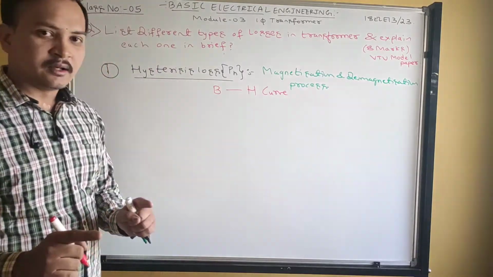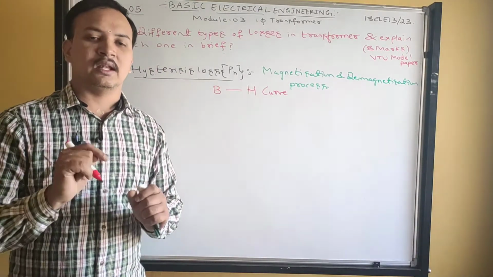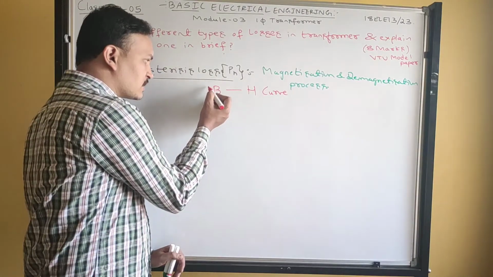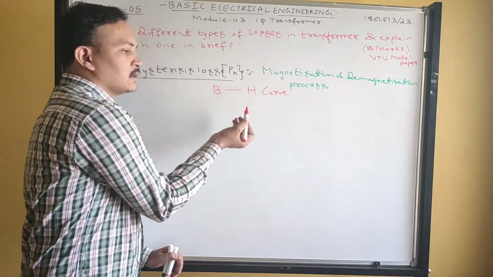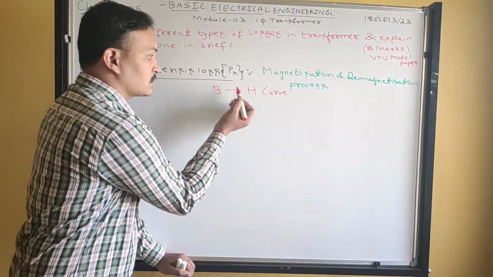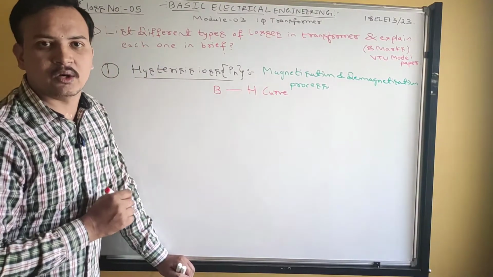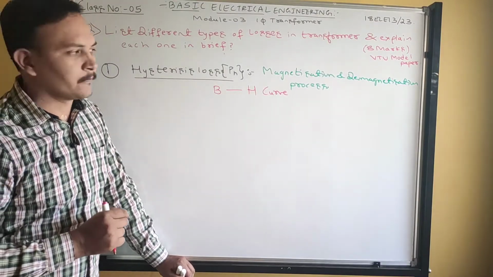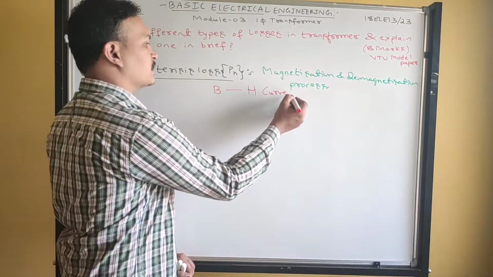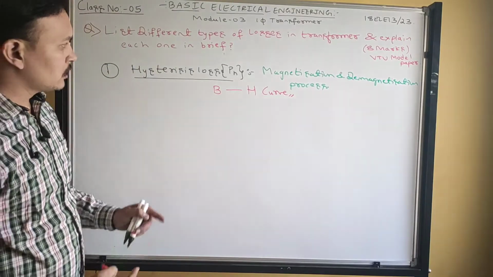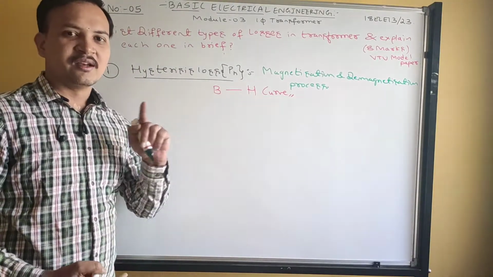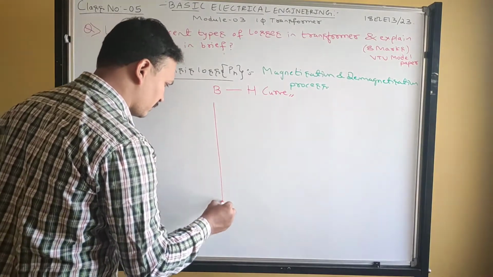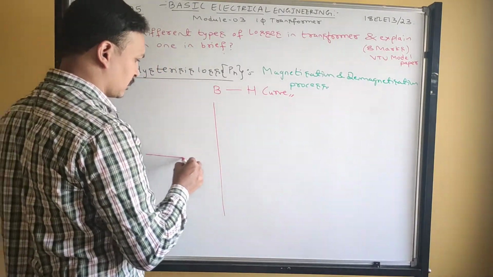Generally the word tendency is nothing but hysteresis. So your flux density lags the magnetizing field strength. That tendency is called hysteresis. Okay, got it? So we can plot that curve and understand a little bit.